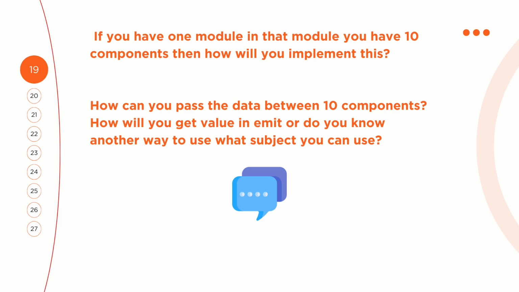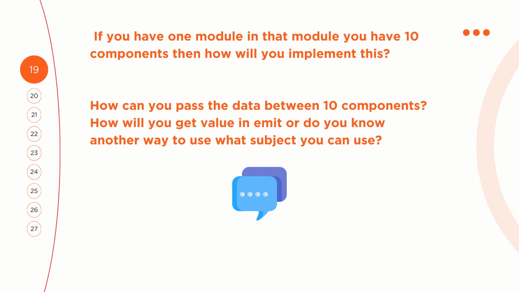Suppose we are creating an object like new EventEmitter, and I'm setting a value with a data type like boolean, true or false. I'm using a global variable to set that, like let emitter equal to new EventEmitter, and in one of the methods I'm setting that value to true instead of false.